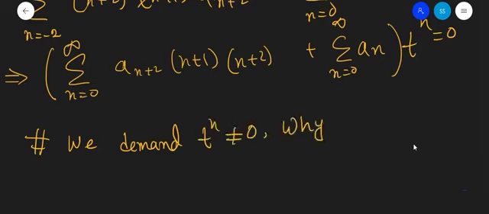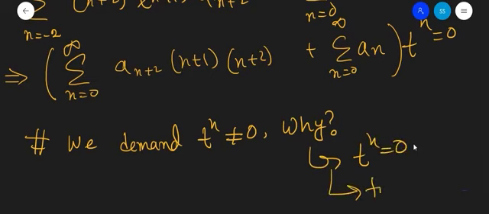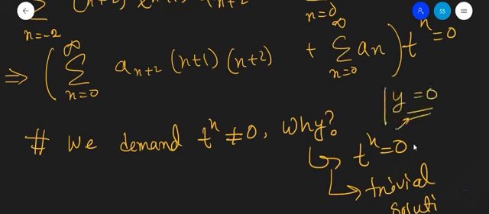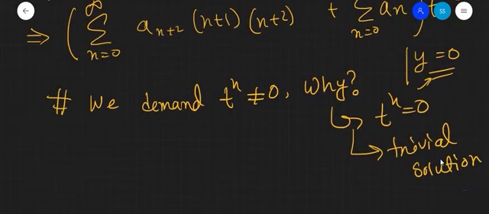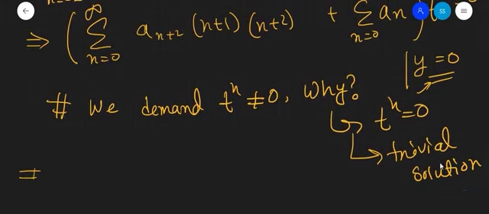Why? Because if t to the power n is 0, for any n, this is just a trivial solution. And we don't want that, because if t to the power n is 0, then our y is 0. This is a trivial solution. We don't need it. We want the non-trivial solution. So by demanding t to the power n is not 0, we get the sum over n equals 0 to infinity.